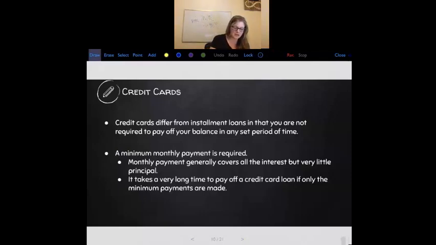So for instance, let's say you take out a $10,000 amount and you put it on a credit card at 0% interest, and they give you 12 months to pay it off, but then they tell you that your monthly payment is only $100. Well, if you take 100 times 12, you will not pay off the $10,000. So a lot of the times, if you want to take advantage of those deals, you have to do the math yourself to make sure you're not going to get charged. Okay, that's not part of your homework. That's just a side note.